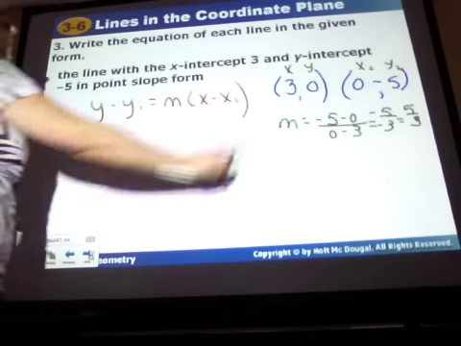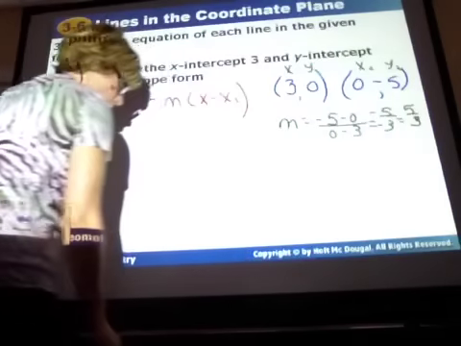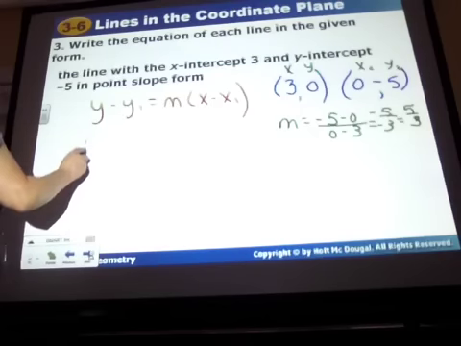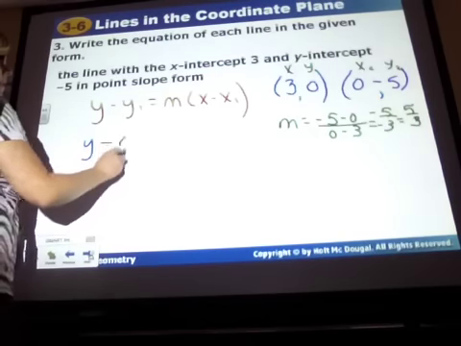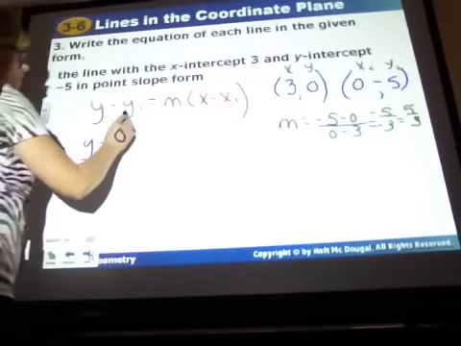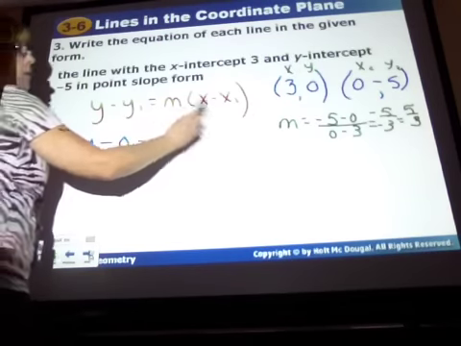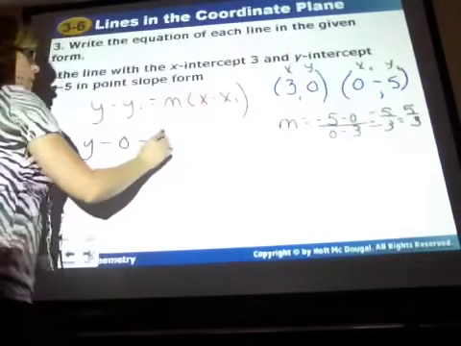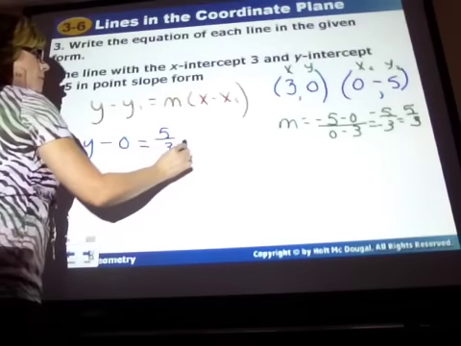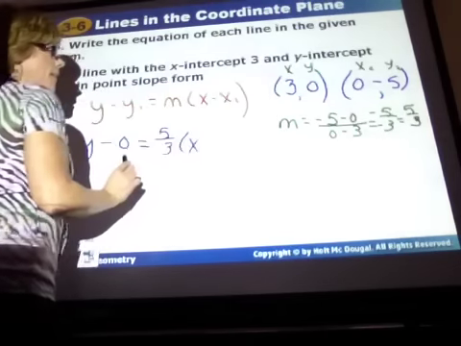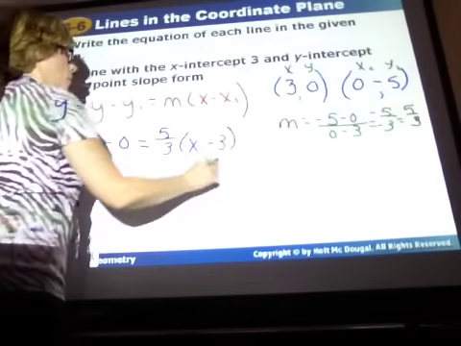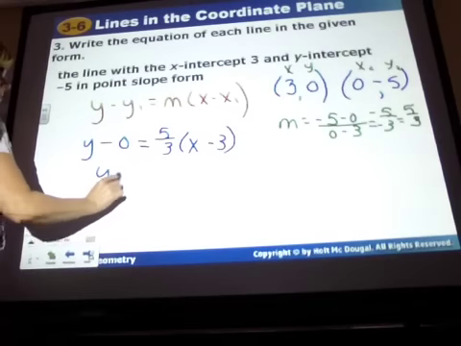And we need 1 point. I'm going to use my first point here. You notice I like to use that first point. So my y is going to be 0. My slope is 5/3. And my x on that same point is going to be 3. Make sure you write this in simplest form.